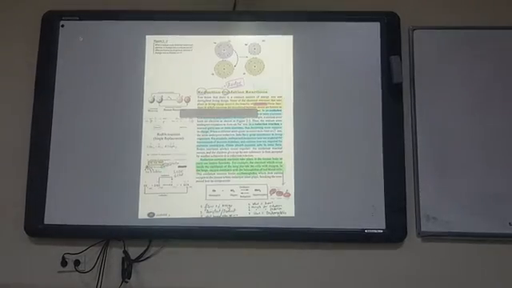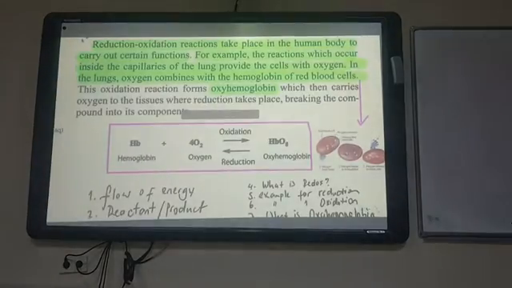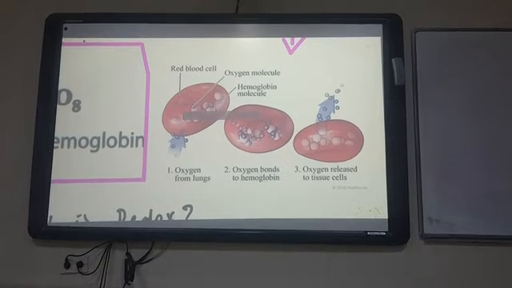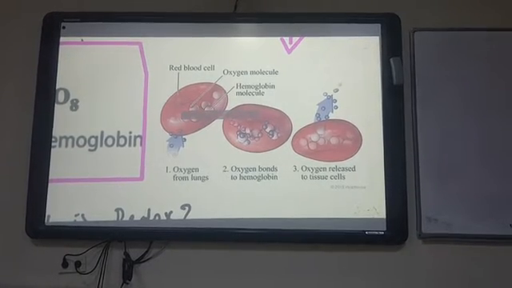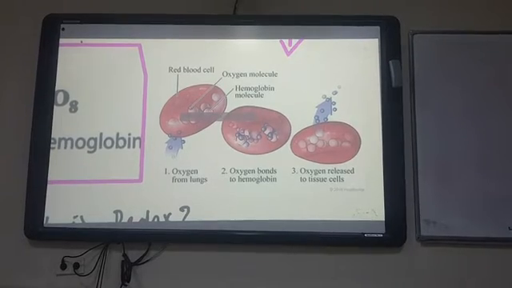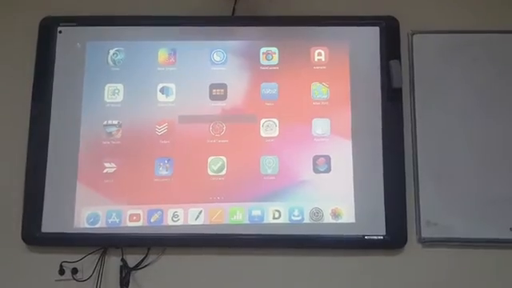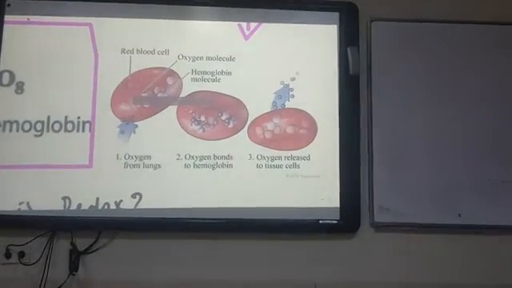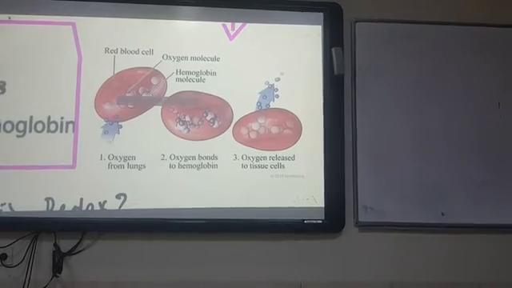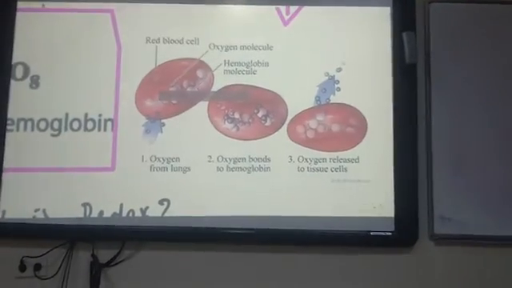Here, I forgot to explain this one. Inside the lungs, oxyhemoglobin. Who would like to explain the way of oxygen from mouth or nose to the lungs?